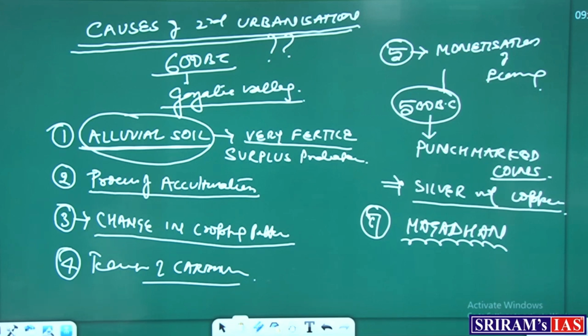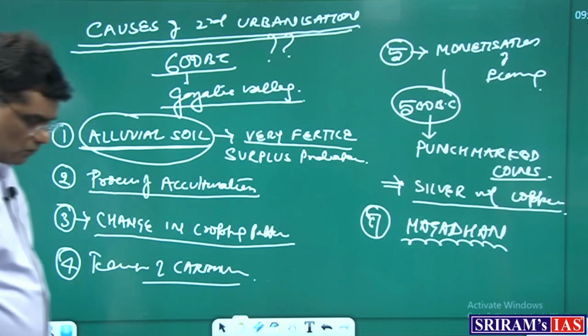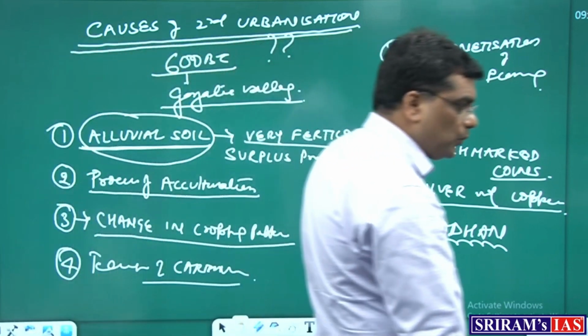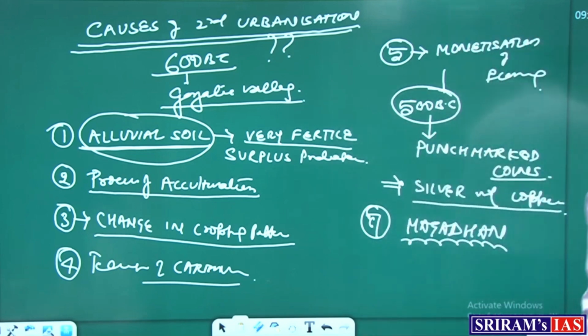Therefore the traders and the merchants had to work in one state and one taxation system. Okay. So these are the things which are called the causes of the second urbanization in the Gangetic Valley.